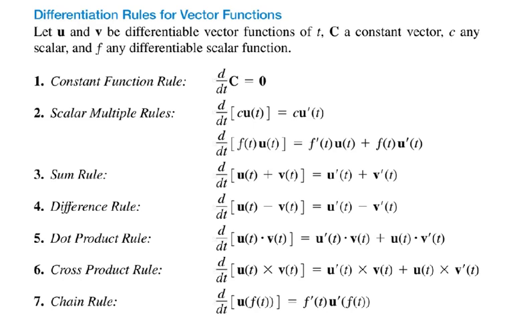You're going to get u dot v, v dot u is going to give you the same value. However, with a cross product, u cross v, order does matter. So I've got the derivative of the first cross the second vector plus the first vector cross the derivative of the second. And then the chain rule, derivative of the outside, u prime of f of t, times the derivative of the inside, f prime of t.